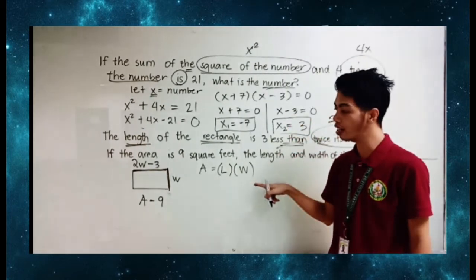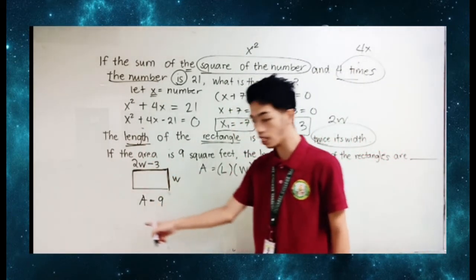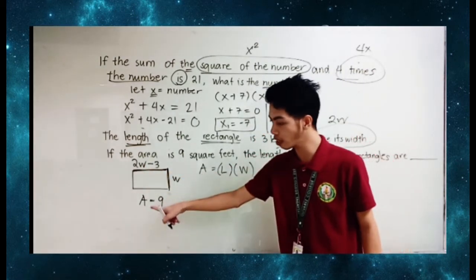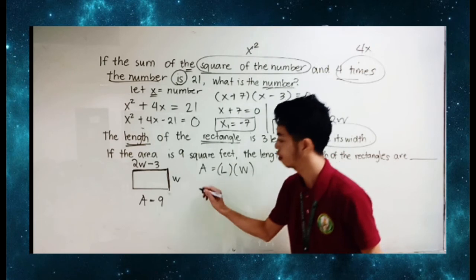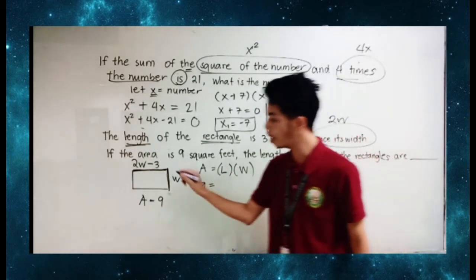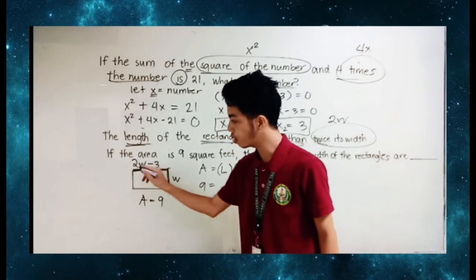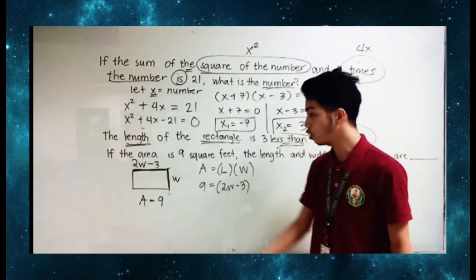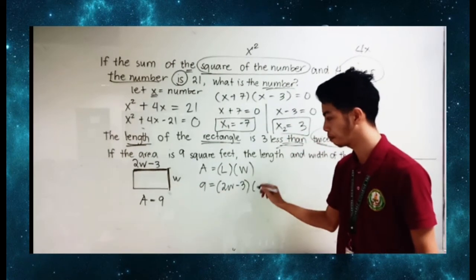Gagamitin natin itong formula para maka-formulate ng equation. Anong isa-substitute sa A? 9 is equal to, ang length natin ay 2W minus 3, and then yung width mo, W lang.